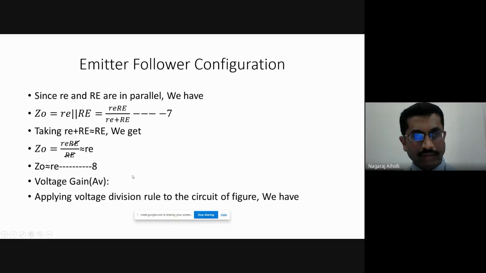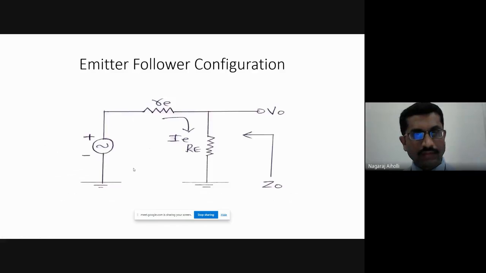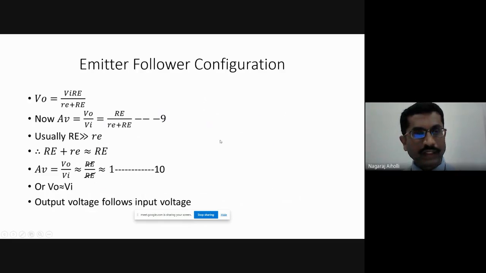Further, for the voltage gain equation, we apply the voltage division rule to this circuit. The output voltage is given by the main voltage Vi into the resistance of the same branch divided by the sum of the resistances. Accordingly, we get Vo is equal to Vi into RE divided by (small re plus capital RE).